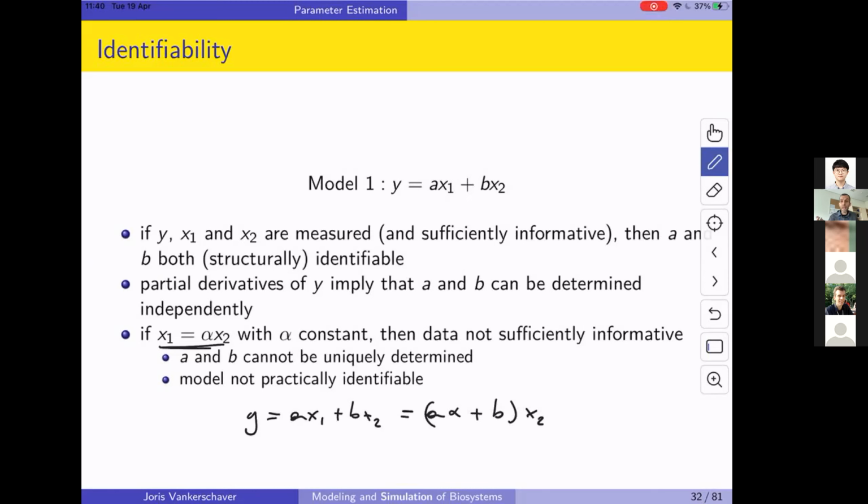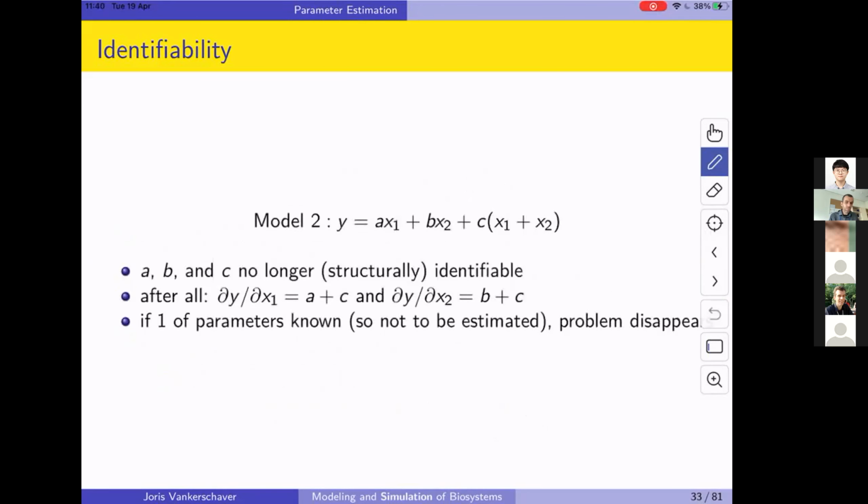Knowing x2 and y, I can find this combination, but I can't pull it apart to find a and b. So this model is practically not identifiable, because the data that I gathered is not sufficiently broad to allow for identifiability.